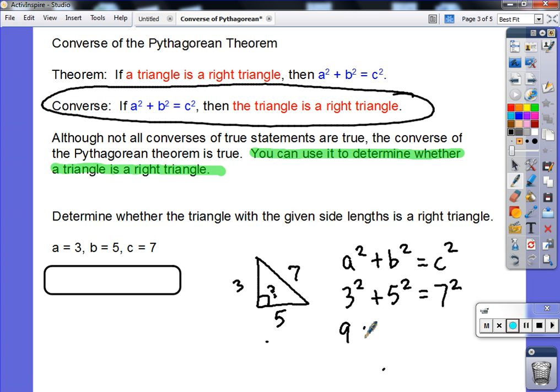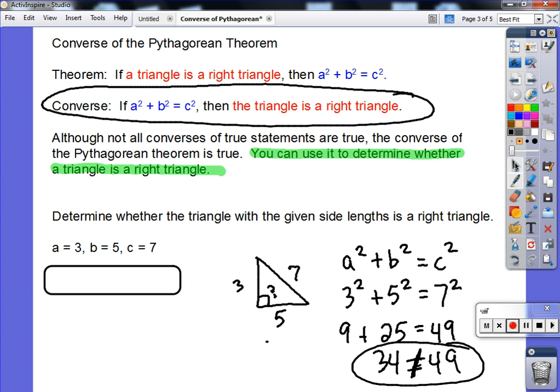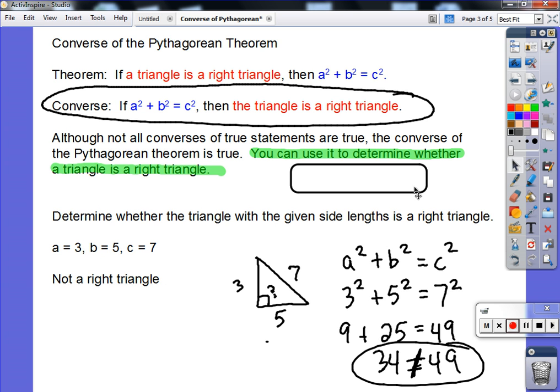We're going to take care of the exponents first. We're just following PEMDAS here, and then we're going to take care of the addition. 9 plus 25 equals 34, and 34 and 49 are two different numbers, and since I ended with that false statement, I do not have a right triangle.